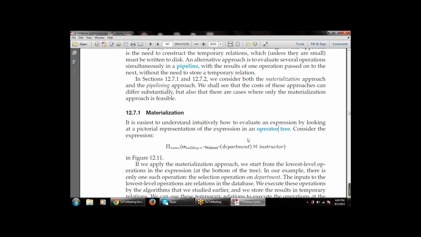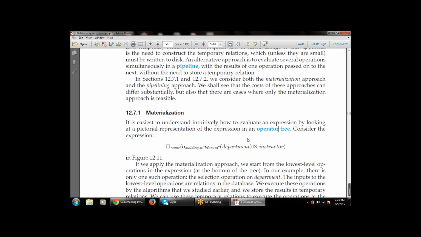Consider the expression: pi name, sigma building equals Watson, applied on the join of instructor and department, where the instructor and department relations are joined with each other and the building is Watson.